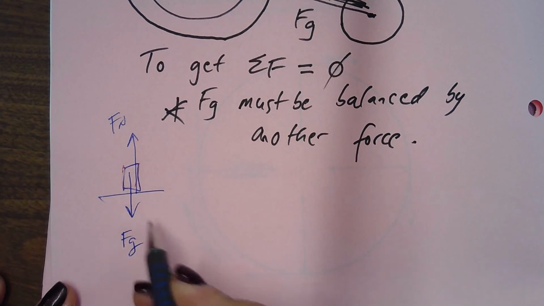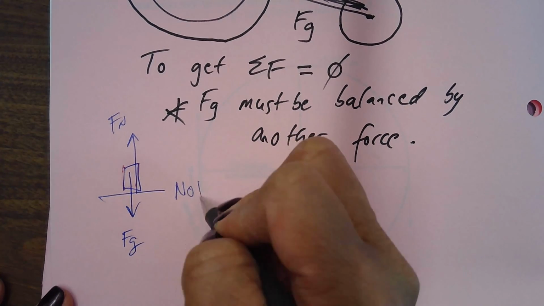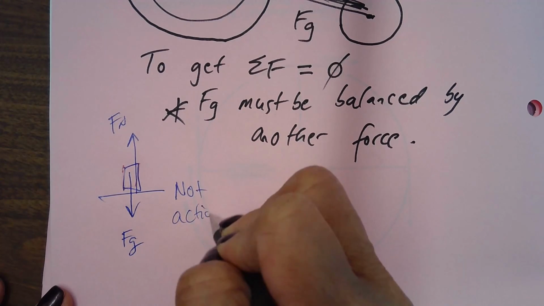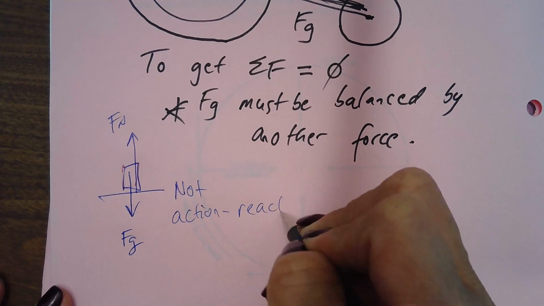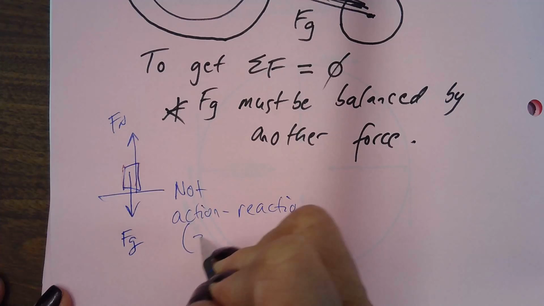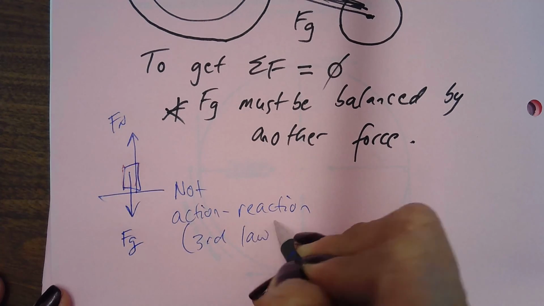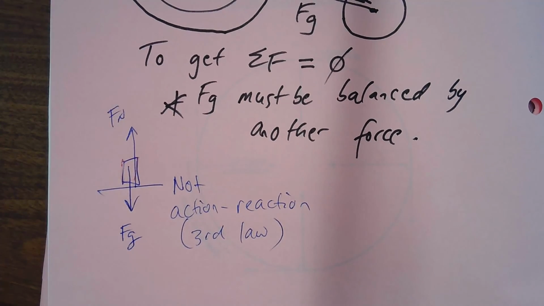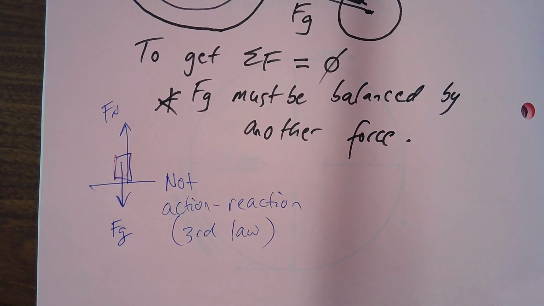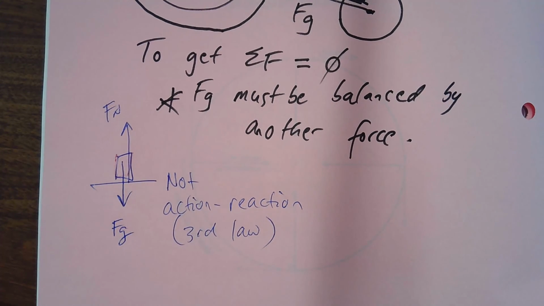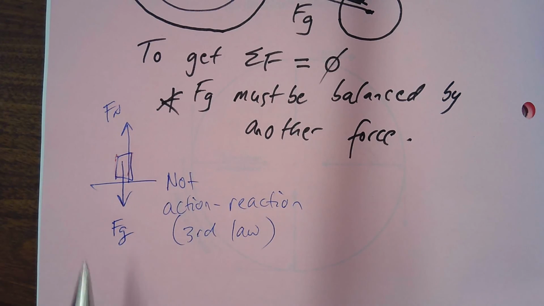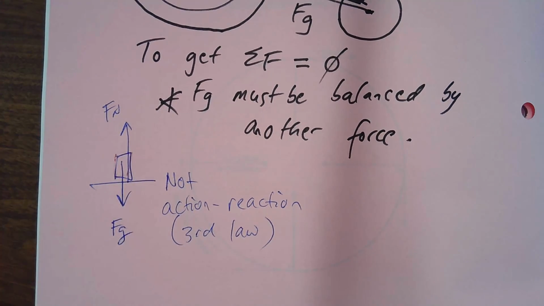But this is not the action and reaction as stated in the third law of Isaac Newton's laws of motion. This is just a paired force, and that's the heavy duty physics there. Most people think that because that's up and this is down, this is action and reaction.